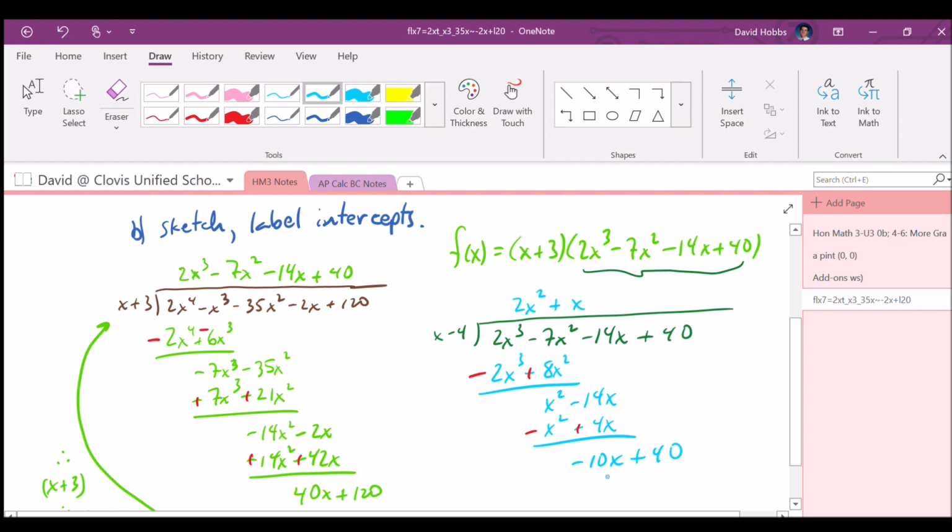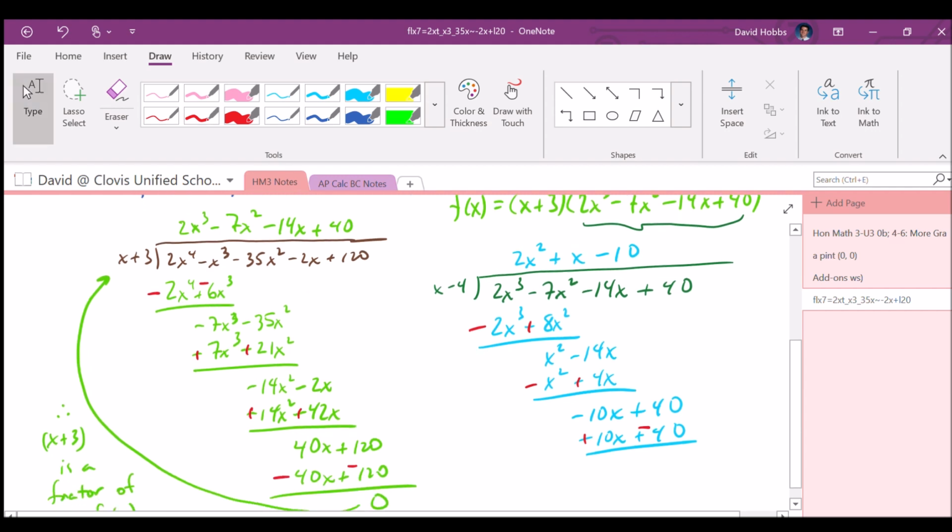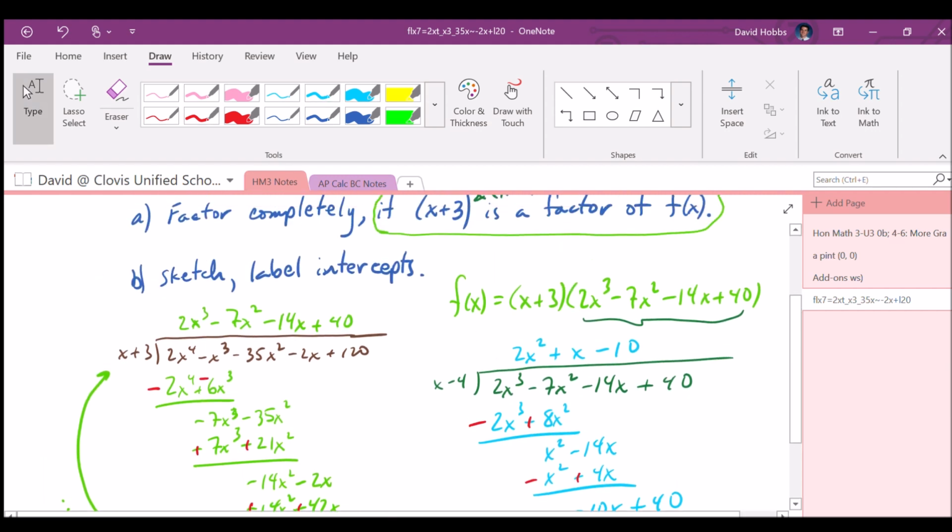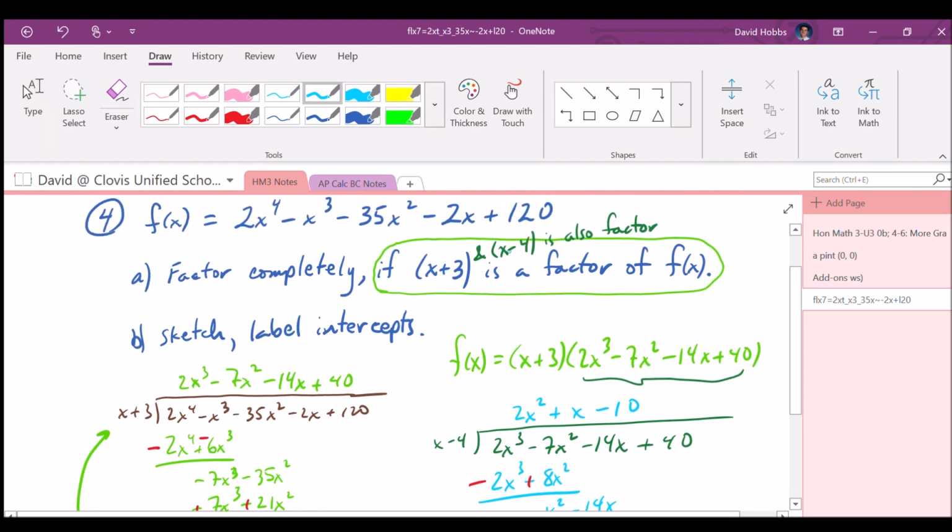What times x gives me negative 10x? Well, negative 10. Negative 10 times x is negative 10x, and negative 10 times negative 4 is positive 40. When I distribute my negative, we get 0 at the end, which is good because we were told that x plus 3 and x minus 4 are factors.